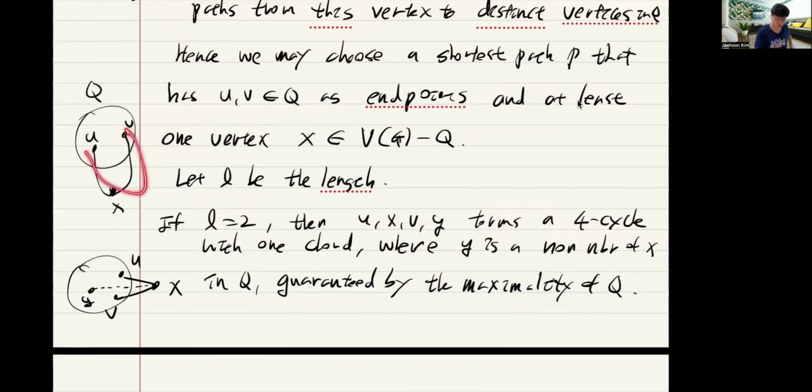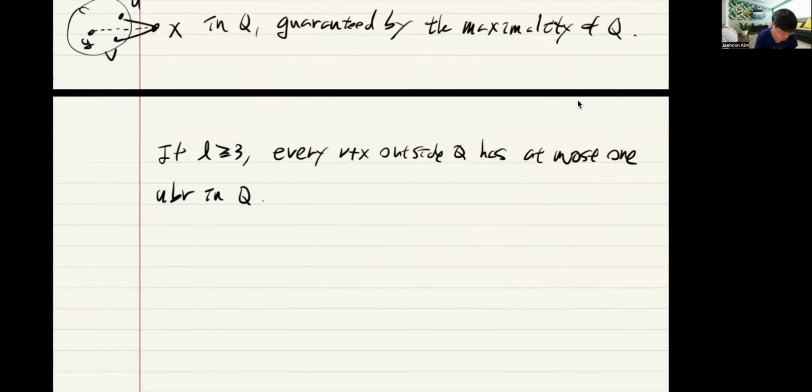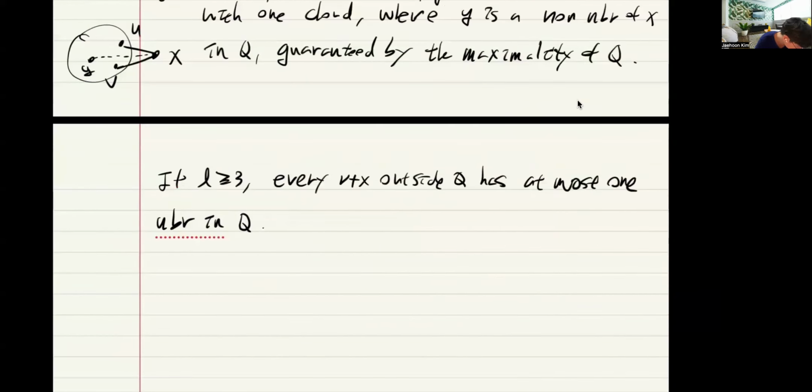This one was the shortest path. And if there is one vertex sending 2 edges, then that would have given already this situation. Since P has minimum length.